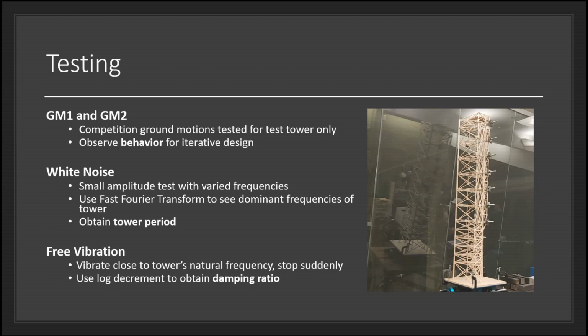And then we can use the free vibration test, which is a ground motion that suddenly stops. This helps us obtain our damping ratio using another mathematical procedure, the logarithmic decrement method.